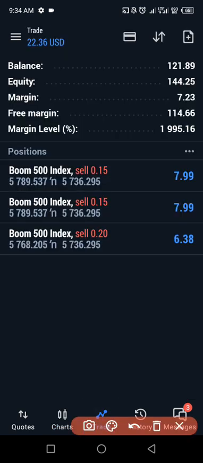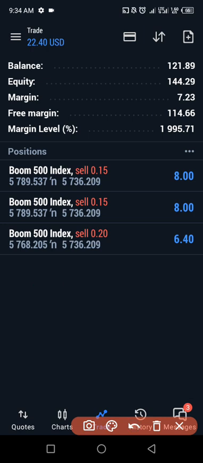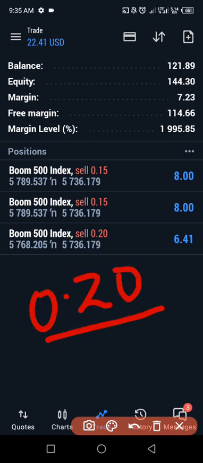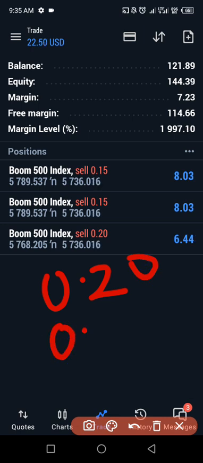So you can see that the least lot size I was able to use here was 0.15. Now on a normal Boom 500 index, the least lot size we are supposed to be having is 0.20, okay, but I was able to manipulate this lot size and make use of 0.15. The reason being that I was able to increase my lot size from 0.20 to 0.35.